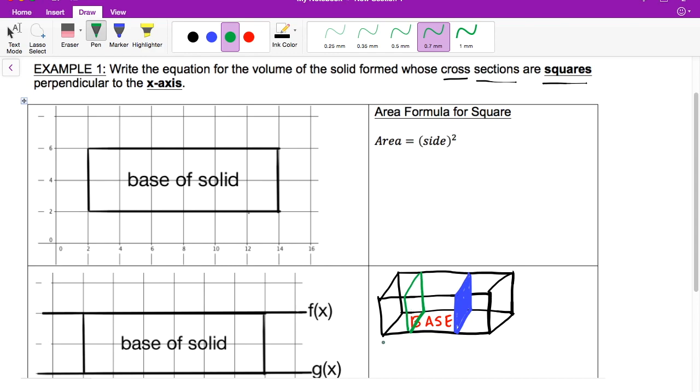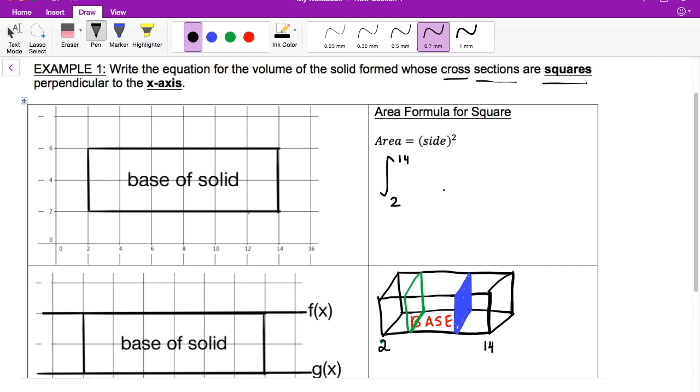So what we want to do is use integration to add up all the areas of the square cross sections. In this case, according to the graph, the base starts at 2. So this would be where the 2 is. And then you integrate all the way up to 14. So let's set up the integration so far.